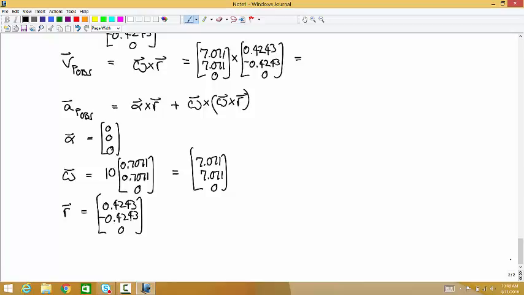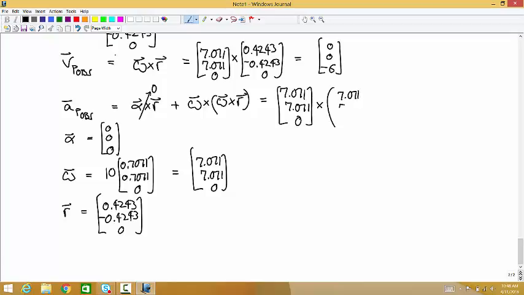Anybody have an answer for 0, 0, negative 6? And then anyone have an answer for this? So this goes away, and this is probably just the same as it was in the last one. Okay, so what do you get for this?